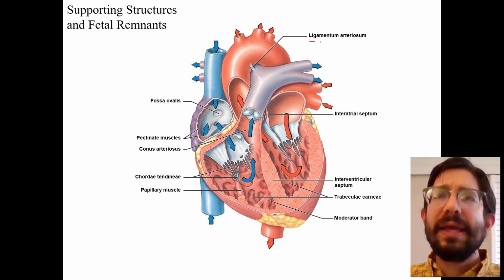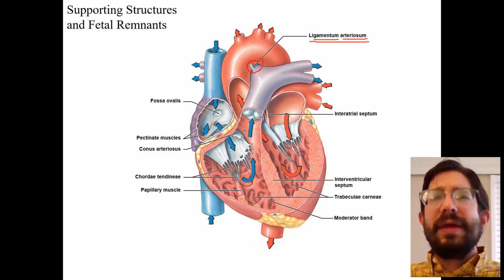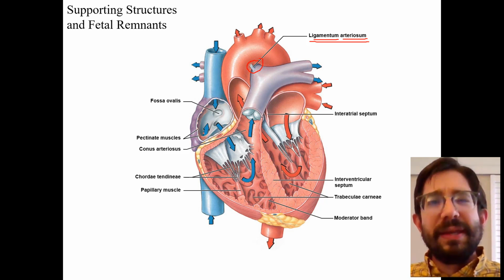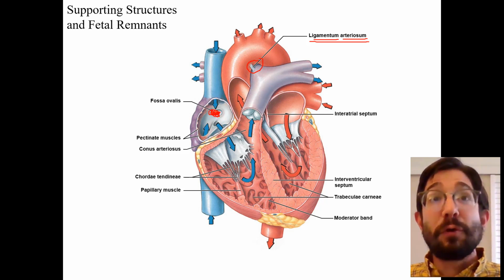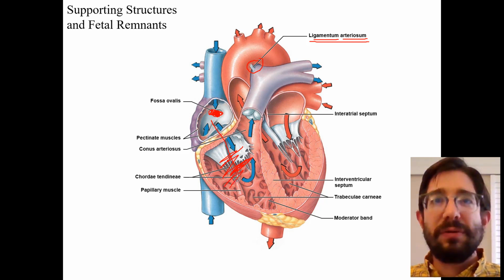The second is the ligamentum arteriosum. This means it's a ligament-like artery. This structure here. So here's the thing. When you're a fetus and the blood comes back into here and it goes into the foramen ovale, not all the blood is actually going to go in that hole. Some blood will make it down into the right ventricle and fill up the right ventricle partially.